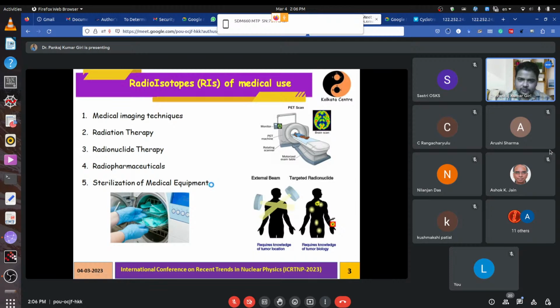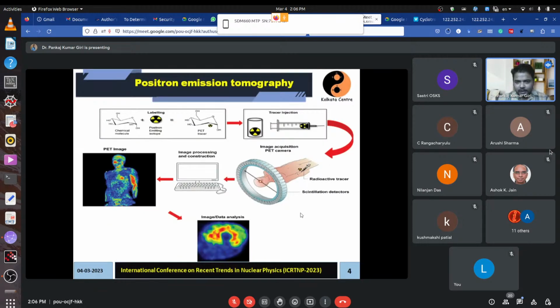So let me come to a brief on what positron emission tomography actually is. In positron emission tomography, as we can understand from this pictorial representation, we have a particular radioisotope, or radio label, which we combine with some sort of chemical molecule to form a PET tracer that emits positrons.